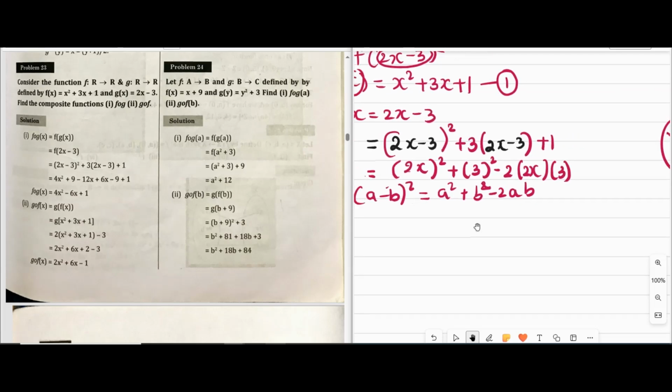Then plus, removing the bracket, 3 into 2x is 6x, and plus into minus is minus, 3 3s are 9, plus 1. Sorry, I should write here: it is plus 6x minus 9 plus 1.